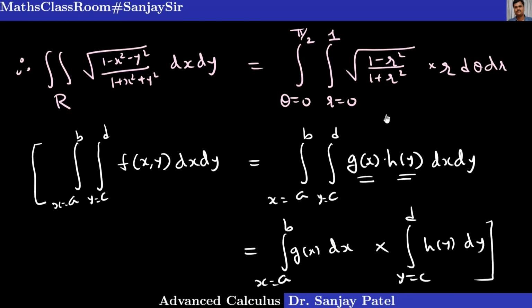So here we have a similar situation. Here all the limits of r and theta are constants, and this part is a function of r which does not contain any theta.